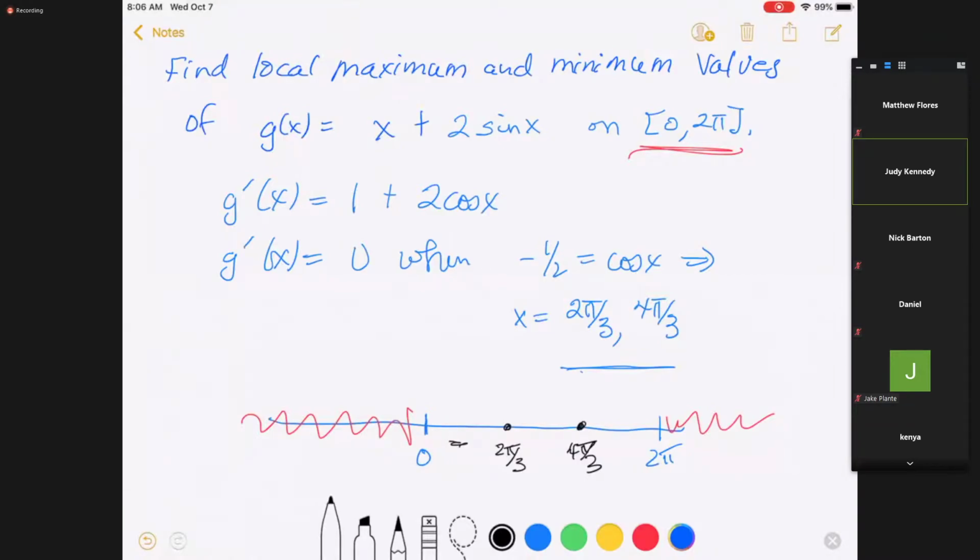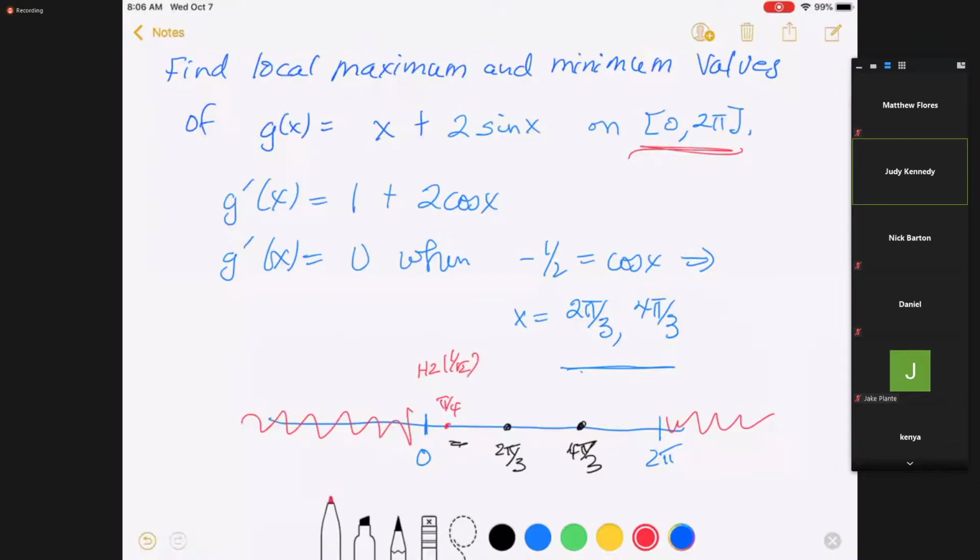About pi over 4, which should be right about there. If I check it with pi over 4, well, 1 plus 2 cosine of pi over 4, the cosine of pi over 4 is 1 over the square root of 2.